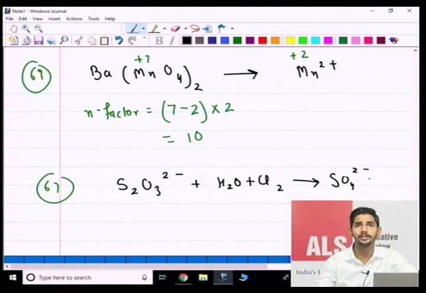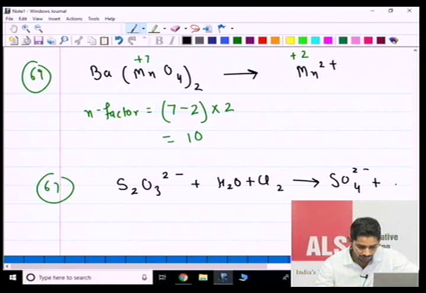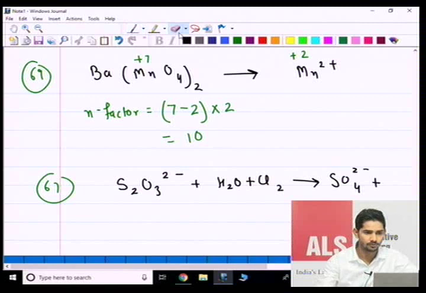Guys, I'm writing the ionic equation. Please don't be confused. I have just removed the alkali metals and I have put the charge in spite of those alkali metals. Plus twice of HCl plus sulfur. Okay, so I need sulfur first. Sulfur plus.